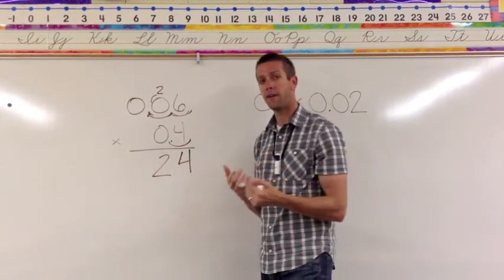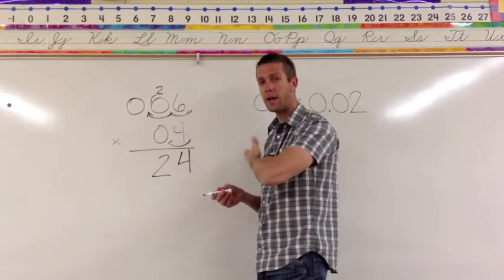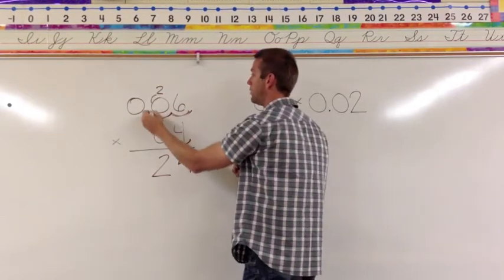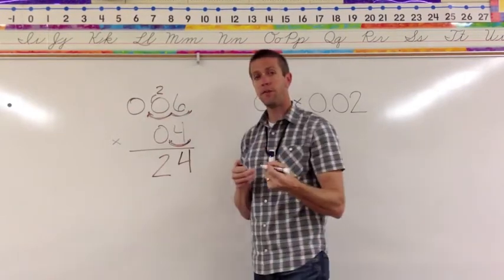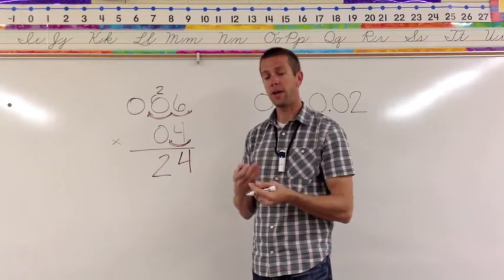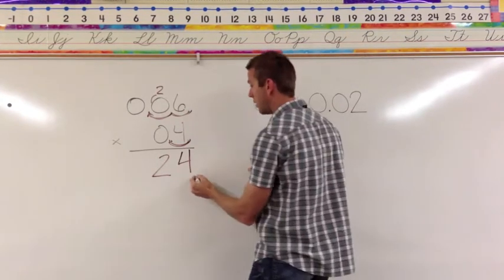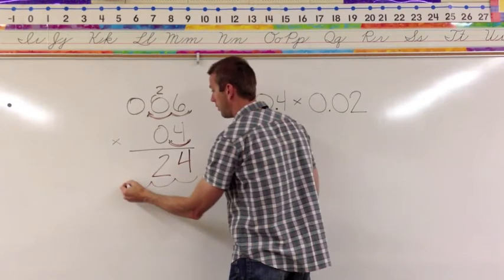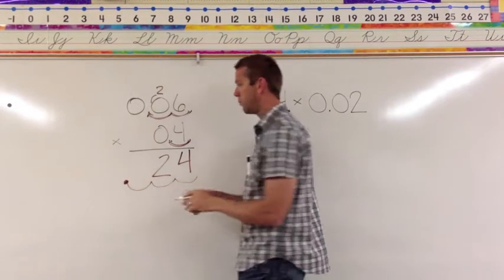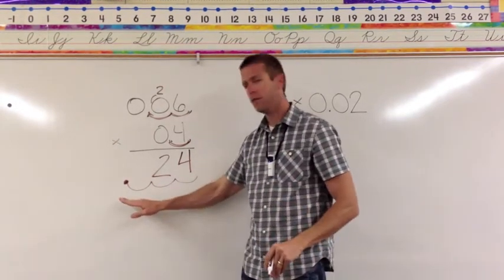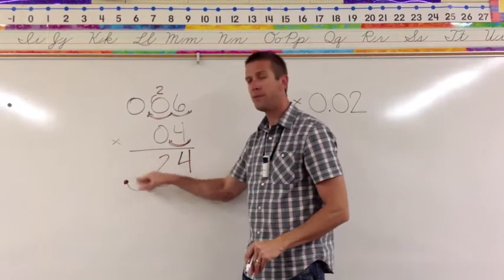So altogether, how many numbers are to the right of the decimal? 1, 2, 3. So therefore, you're going to have 3 numbers to the right of the decimal. 1, 2, 3. So my decimal would go way out here, but there's a number missing.